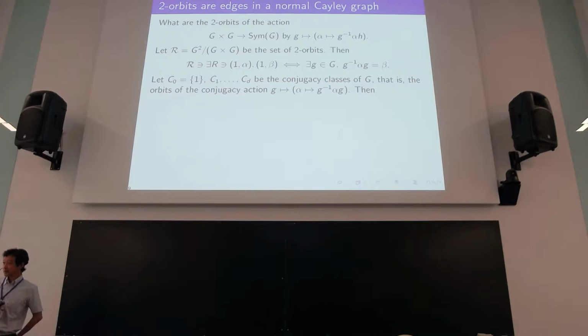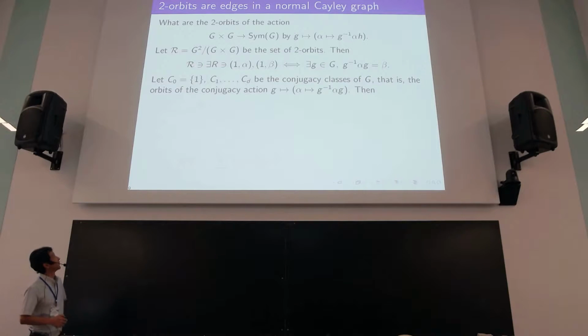So I denote C0, C1 up to Cd the conjugacy classes of G, and of course the identity is a singleton conjugacy class.